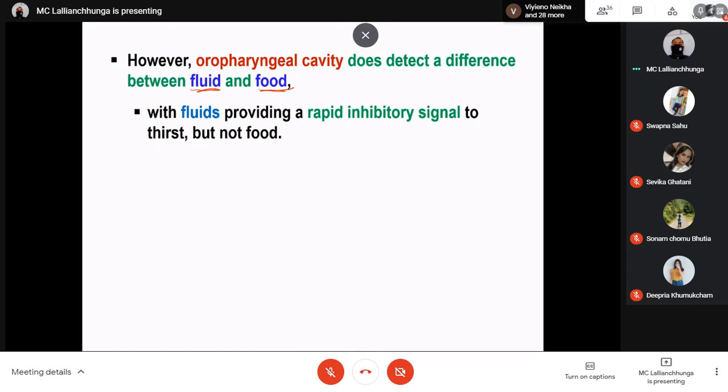Suppose you are chewing food; that will not satiate the thirst. But if you gargle with water, there will be inhibition of thirst. So these oropharyngeal receptors detect the difference between fluid and food.